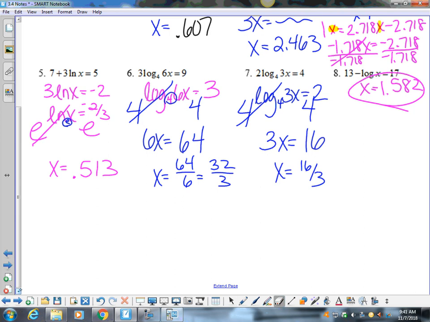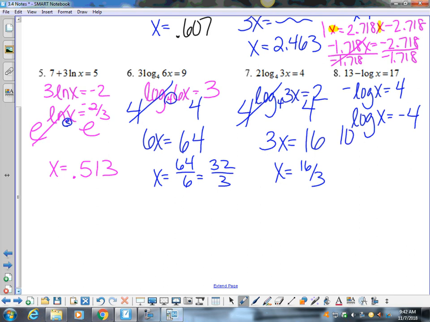Okay, 8. Don't lose your negative on your log. And then divide by -1. Everybody okay? He is a log. I'm supposed to exponentiate him. Oh my gosh, he doesn't have a base. His base is 10. His base is always a 10. So I'm going to 10 it.